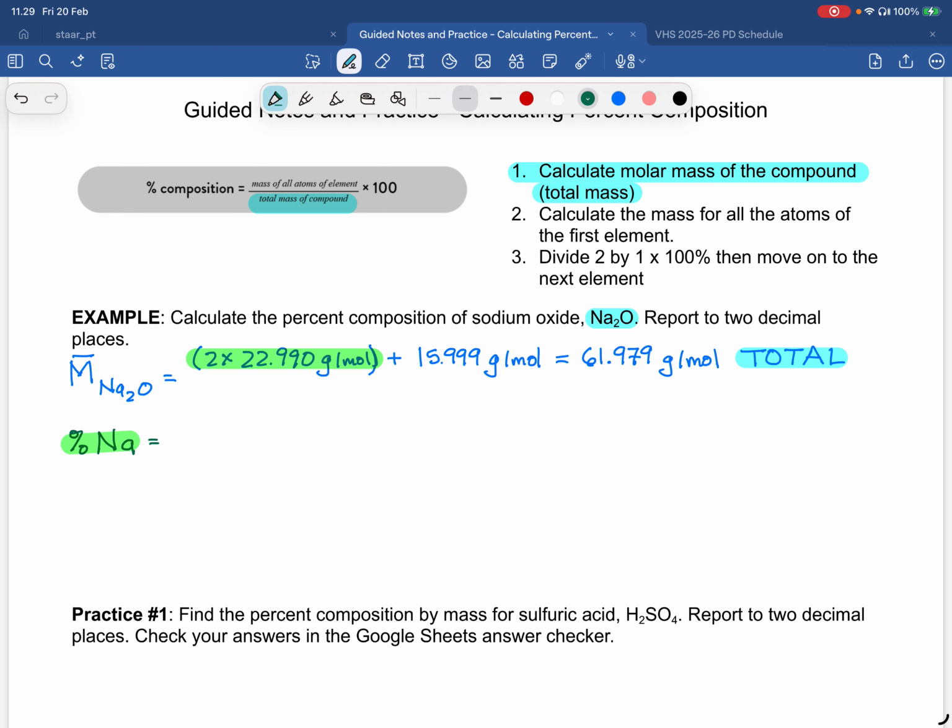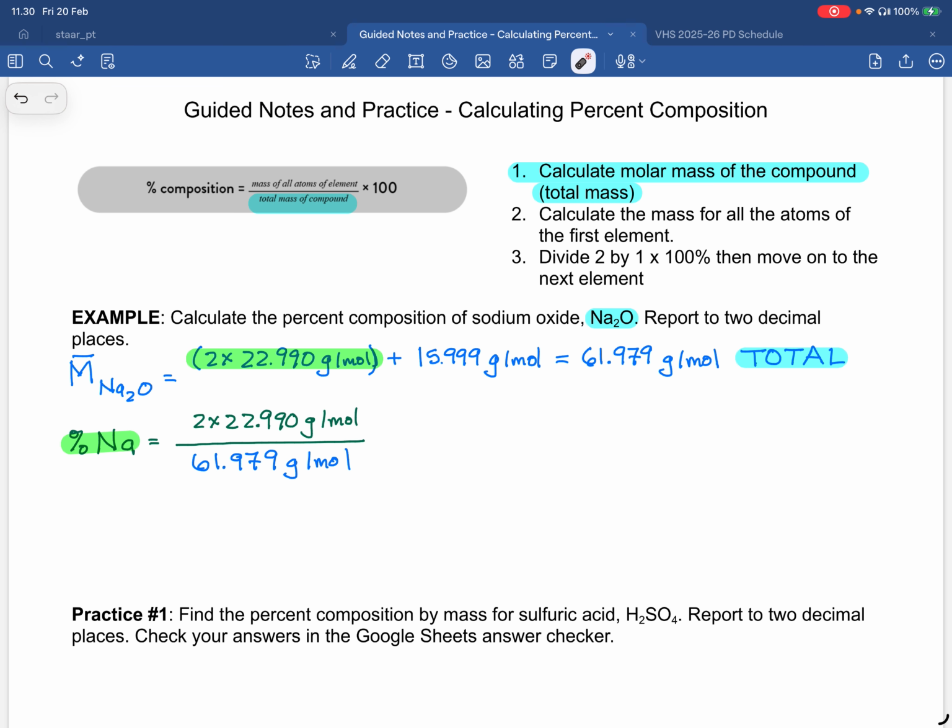And so I'm taking that 2 times 22.990 grams per mole, and then I'm going to divide that by the total mass, 61.979 grams per mole.